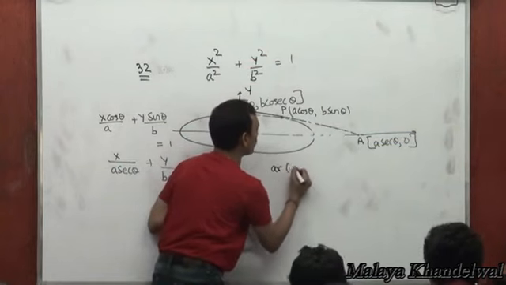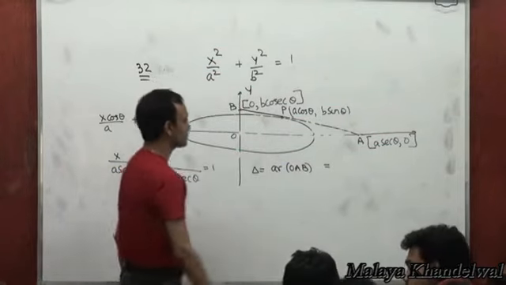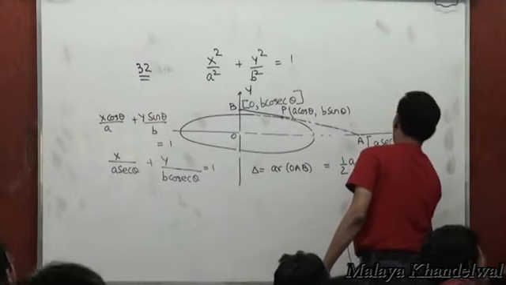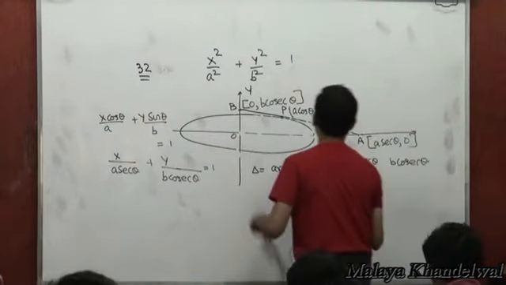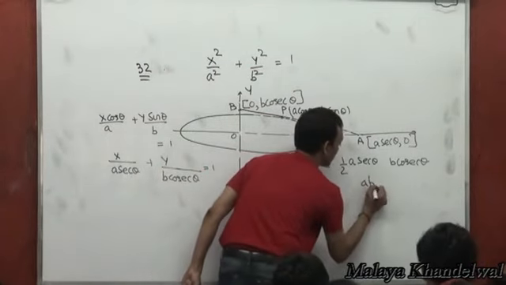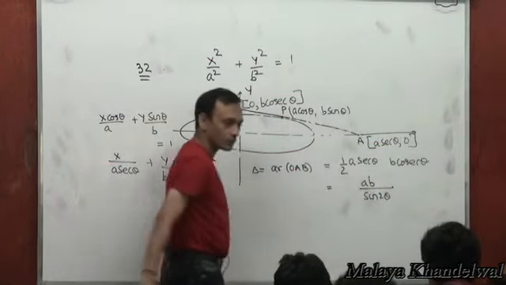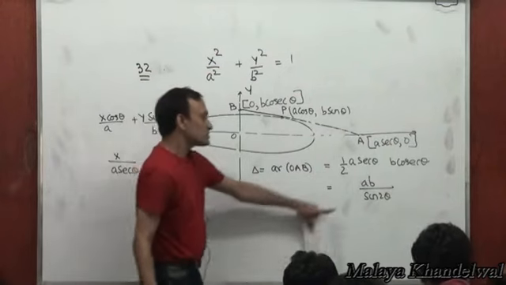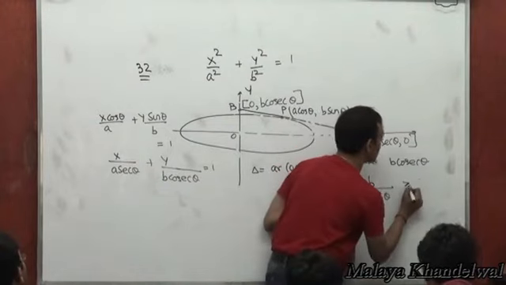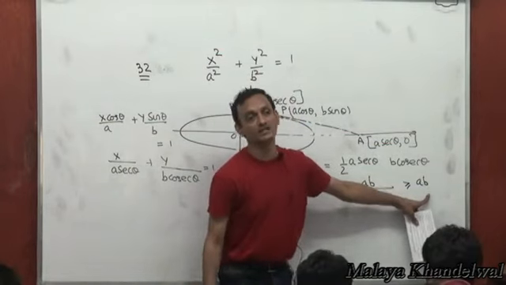So in general, area of OAB, delta, is half of a sec theta into b cosec theta. That's half of this length into this length, which is like ab by 2 cos theta sin theta, which is ab by sin 2 theta. Sin 2 theta is always less than or equal to 1. So this is always greater than or equal to ab. So delta minimum must be ab.